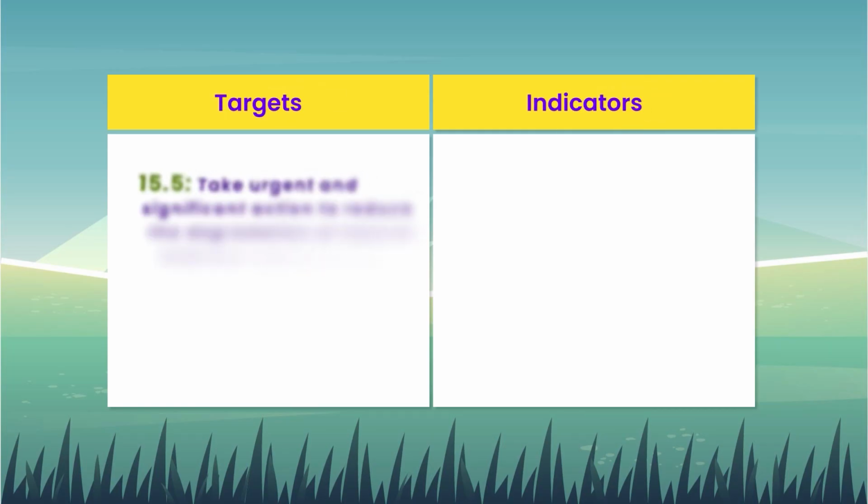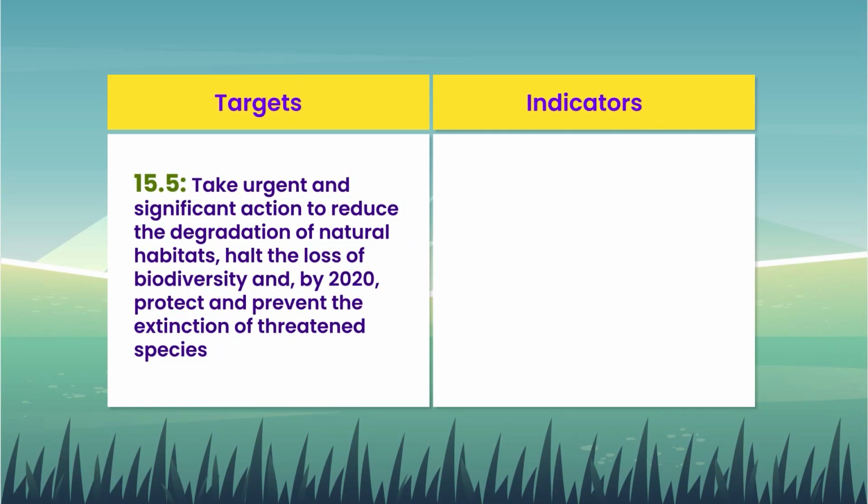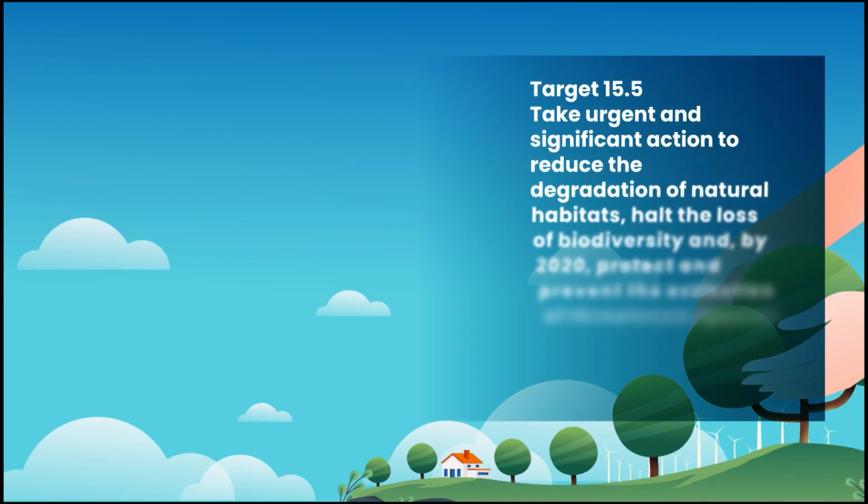Looking at Target 5, taking urgent and significant action to reduce the degradation of natural habitats, halt the loss of biodiversity, and protect and prevent the extinction of threatened species, most of us know about the Red List Index of species by IUCN.